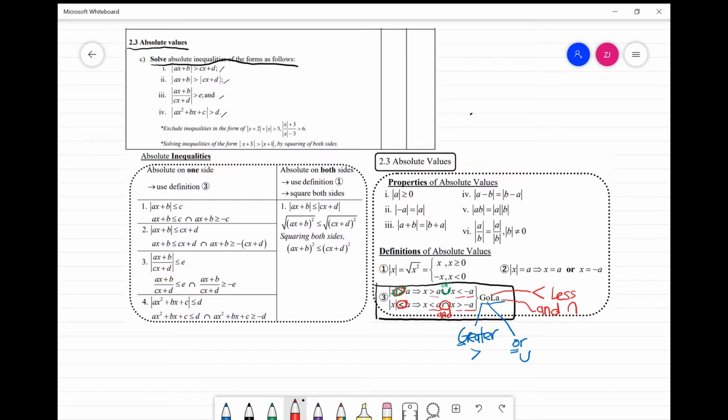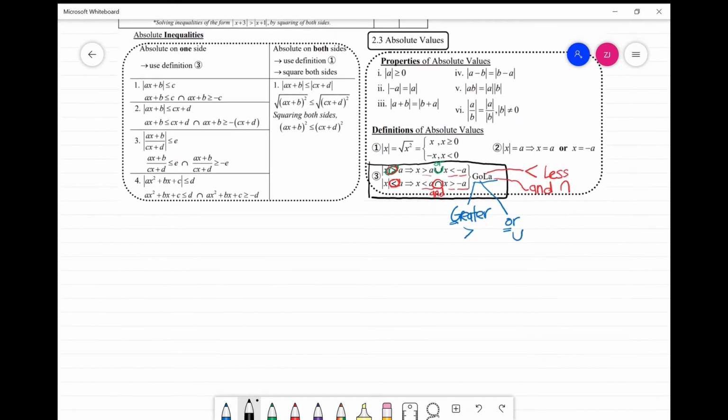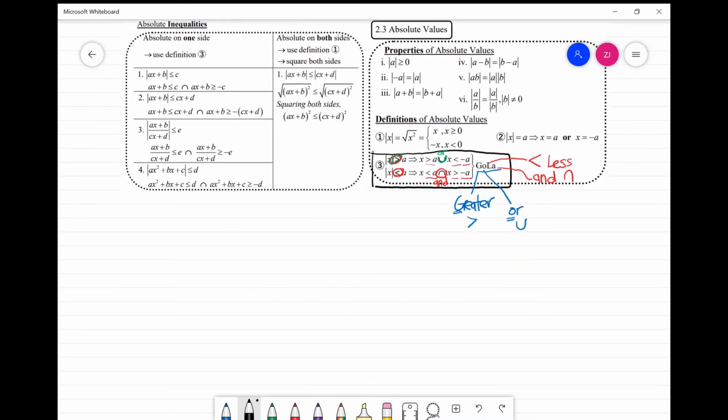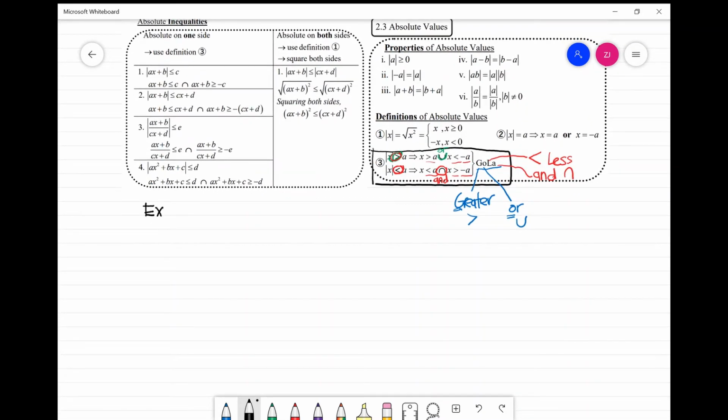Now let's discuss the first type of absolute inequality. We are going to have the first example, which discusses the first form of this absolute inequality. Let's say we have absolute of 3x plus 5 greater than half.